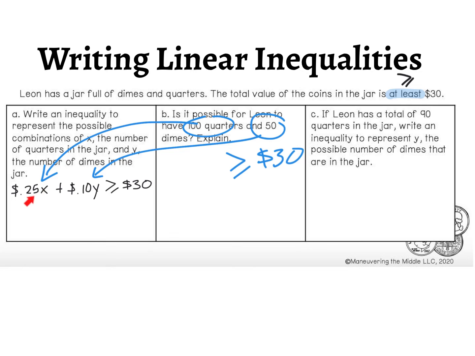100 times 0.25 is going to be $25. 50 times 0.10, the dimes, which is 10 cents each, is $5.